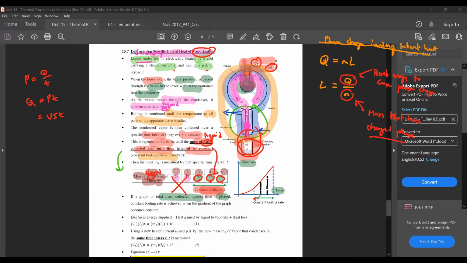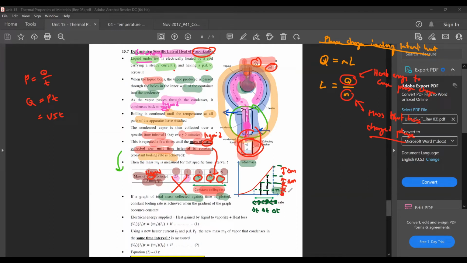If I divide this by delta t, you will notice that my delta m is going to be the same.